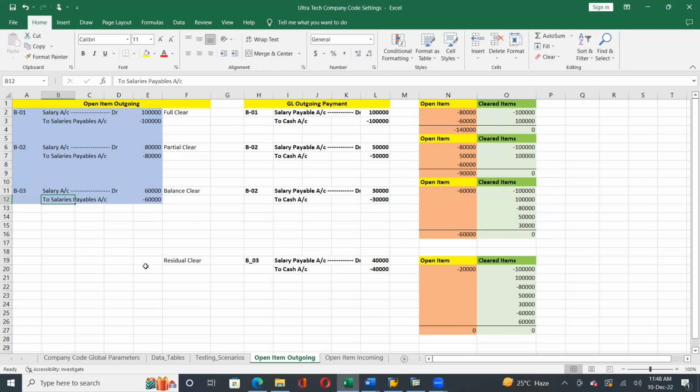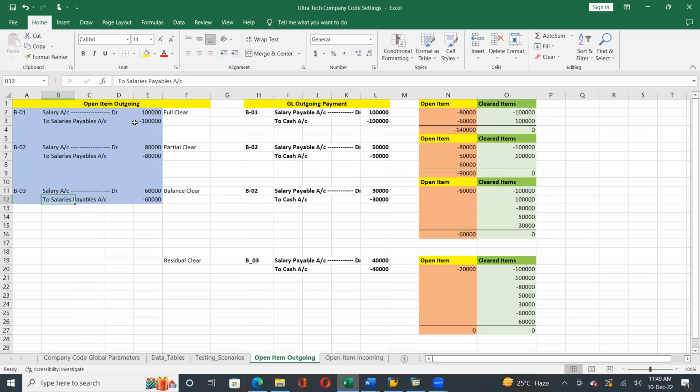So what are we going to do for the month of November? First rule: expenses, whether we paid or not, will be shown in the account. So in the P&L account, we will show it as salaries account, 1 lakh or whatever is payable, for the month of November. But for the month of December, it will become a liability in your balance sheet as salaries payable.